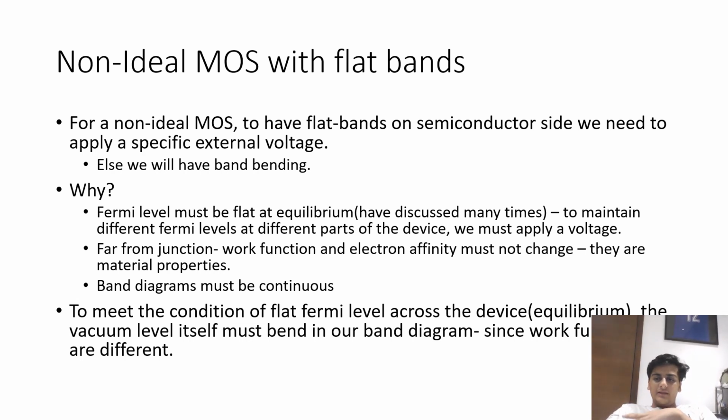That's one way that this can be reconciled. The other way, given that you have different work functions on both sides, meaning different differences between vacuum level and Fermi level on both sides, the metal and the semiconductor.